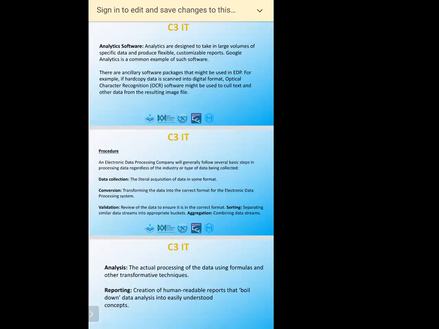Data collection is which one? You can collect the data from the keyboard, entering all the data. You can also collect data on paper forms. You can go and ask what today's sales are, and they will give you papers with today's sales entries. That is collecting the data. After collecting the data, you go to conversion. Conversion means you enter the data into the input device and convert it into electronic signals, transforming the data into the correct format of the electronic data processing system.